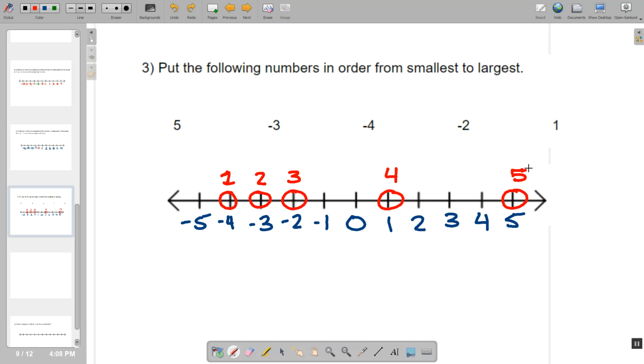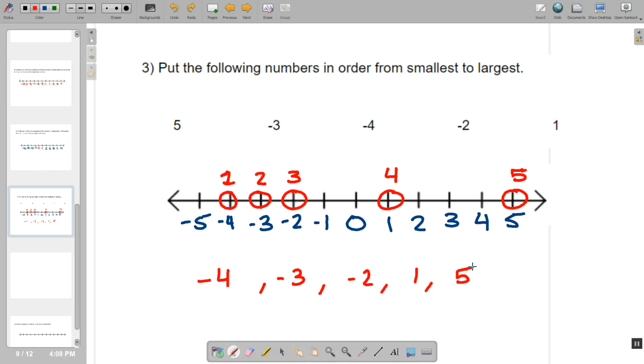Because smaller numbers are left on the number line, larger numbers are right. Now we just have to rewrite them in order. It goes -4, then -3, then -2, +1, and then +5. And we have now written the numbers in order from smallest to largest.